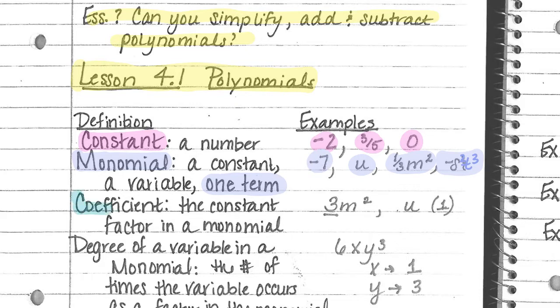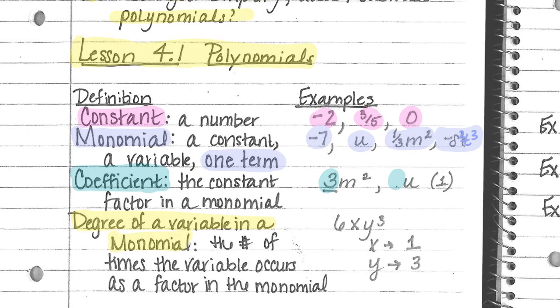A coefficient is the number before the variable. So in this case, my coefficient is 3. In this case, you can't see the 1 there, but it is. The coefficient for just u is 1. In a degree of a variable in a monomial, you have to take the number of times the variable occurs as a factor.